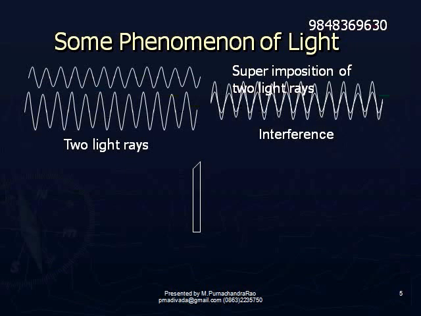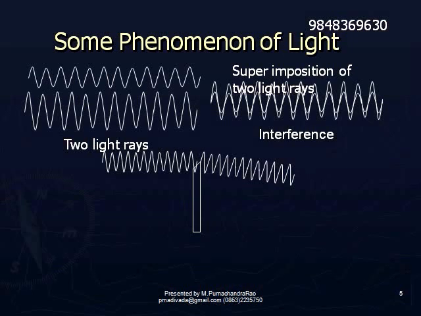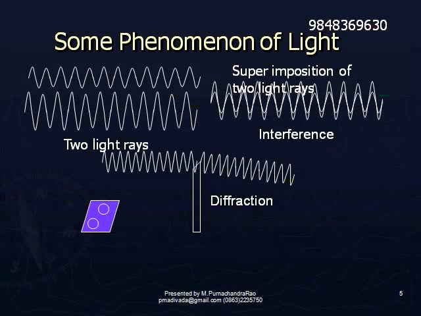Diffraction is the phenomenon of bending. When a light ray falls near sharp edges, there will be bending of the light rays. When a light ray passes through certain crystals, we notice two images instead of one. This is double refraction.